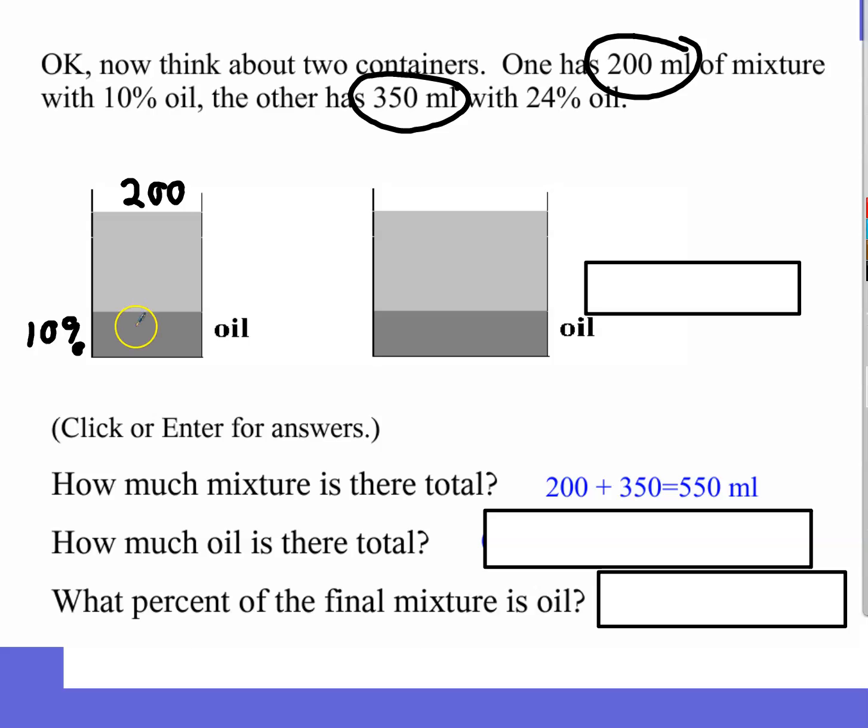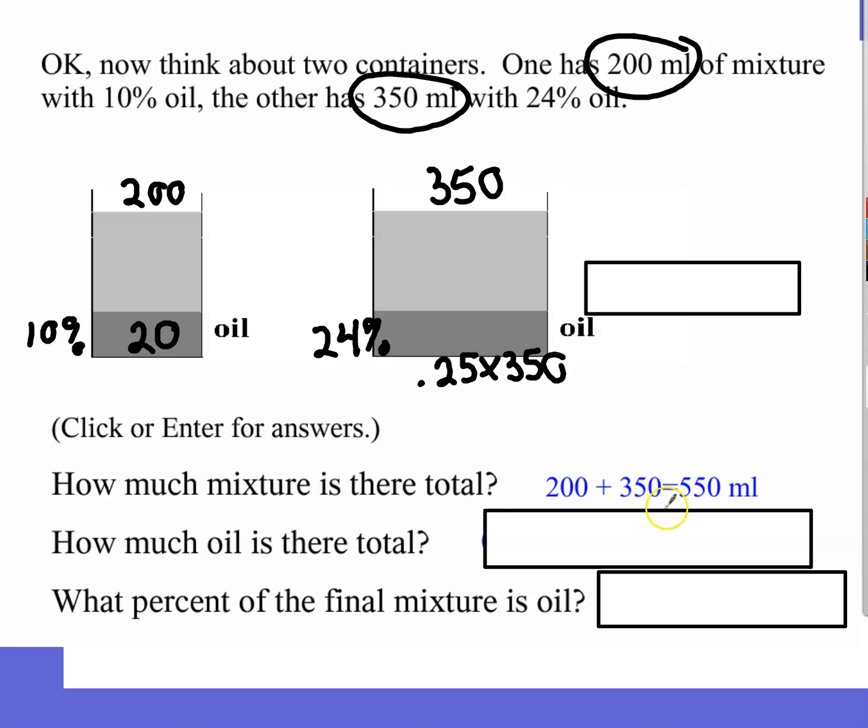Well, if you calculate that up, that's 20 milliliters of oil out of 200 milliliters total in that container. In this container, I don't know how much oil is in there yet, but I do know it's 24% of this whole 350. So what I'll need to do is figure out what's 24% of 350. And to do that, you'll just say, okay, 0.24 times 350. And you'll get your answer.